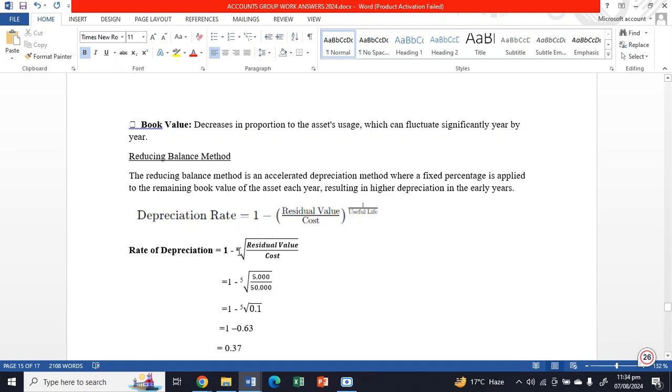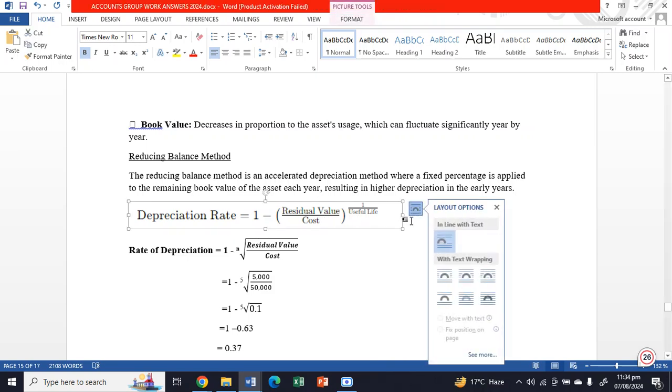So here there are two formulae you can use to calculate the rate. This one is the easier one.